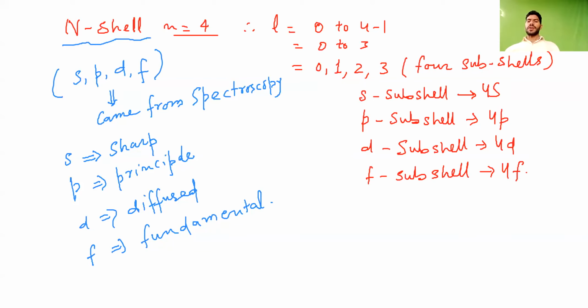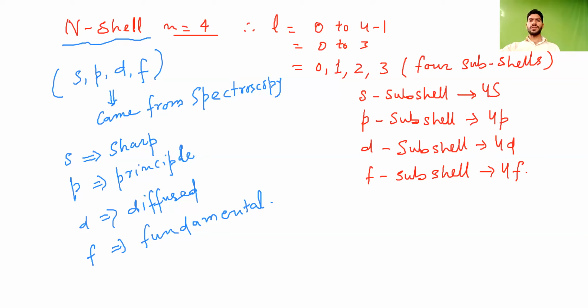You have to remember that these terms S, P, D, and F have actually come from spectroscopy. S stands for sharp, P stands for principal, D stands for diffused, and F stands for fundamental.